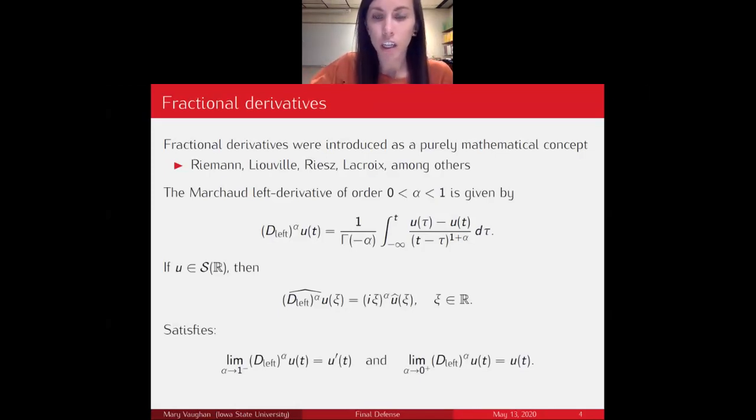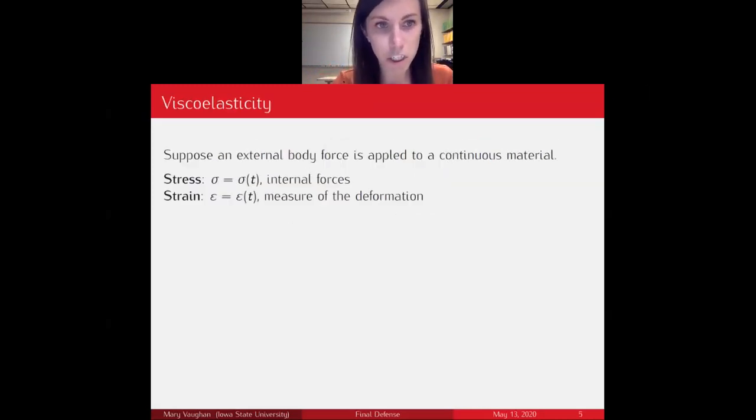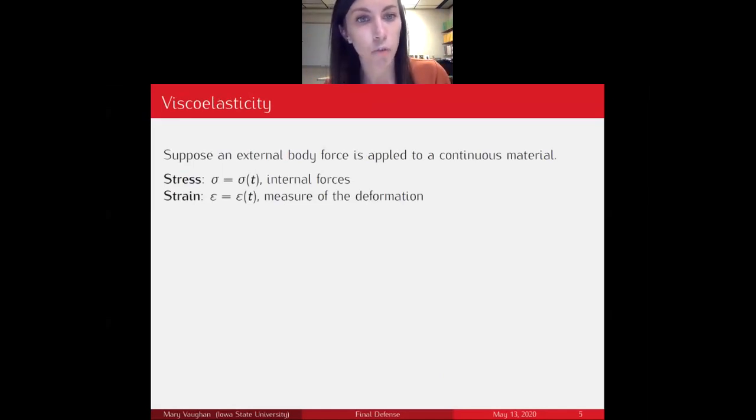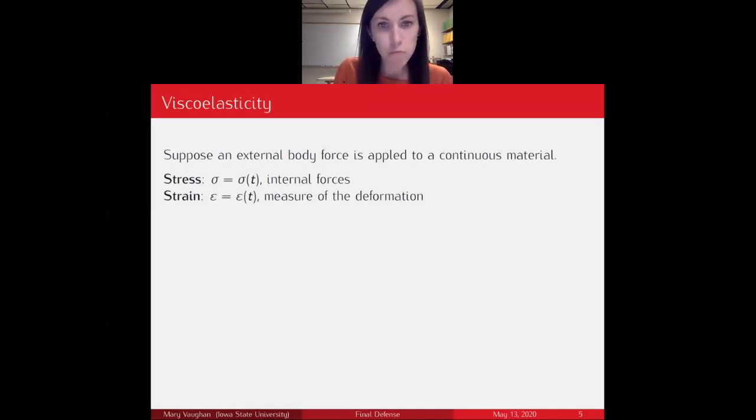So there are a lot of examples where we use these in applications, and one of them is in material science. Consider a continuous material with an external body force being applied, so consider maybe pressing a material down. Usually what we measure in experiments is the deformation, which is referred to as strain.